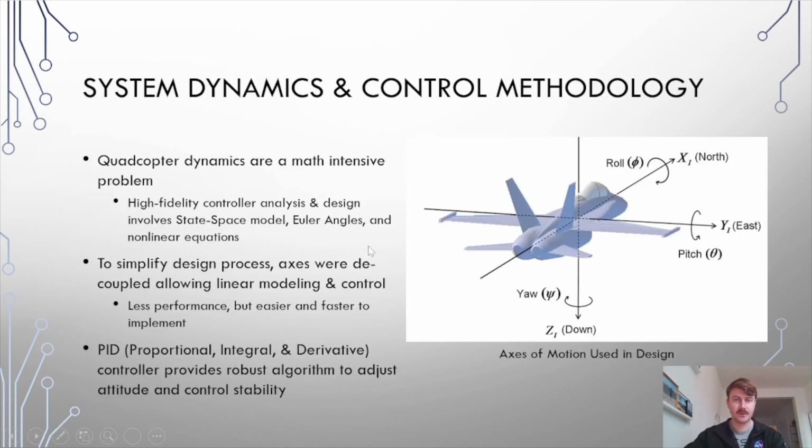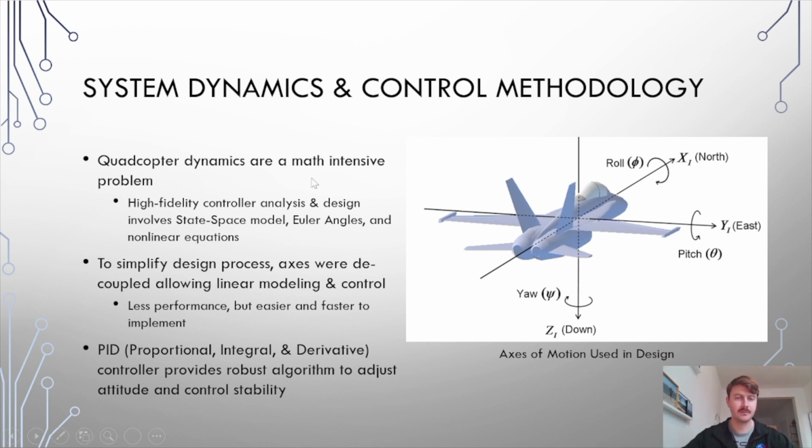So a little bit of the system dynamics and control used in my development was a decoupled linearization of the control of the axes and their motion. In a real thorough analysis, you will find that the dynamics of a quadcopter, because you're using the Earth reference frame as well as the body frame and trying to somehow combine those two, are pretty math intensive.